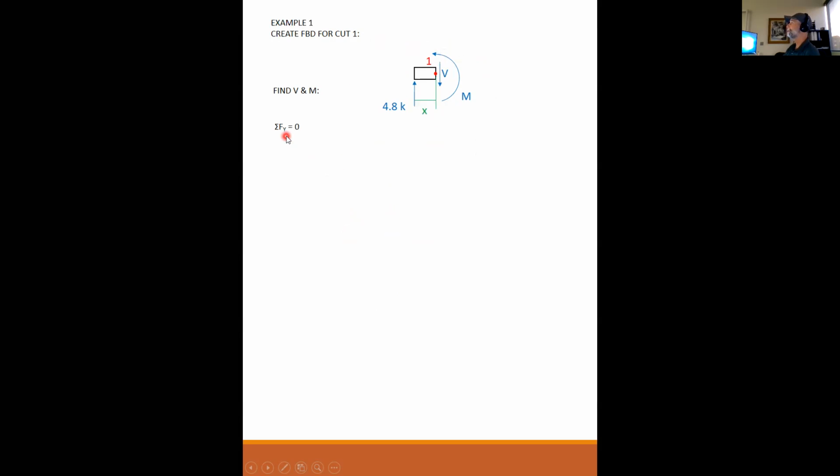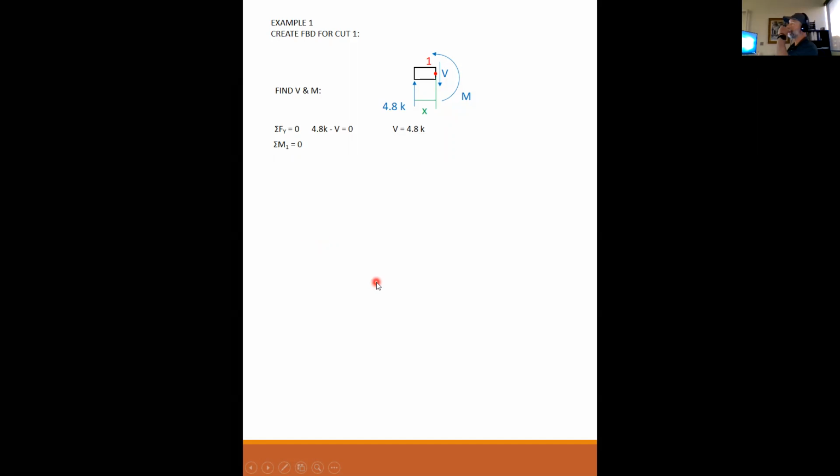If I sum my forces in the y direction equals 0, I have 4.8 up. I have my shear going down, so that's minus, all equal to 0.